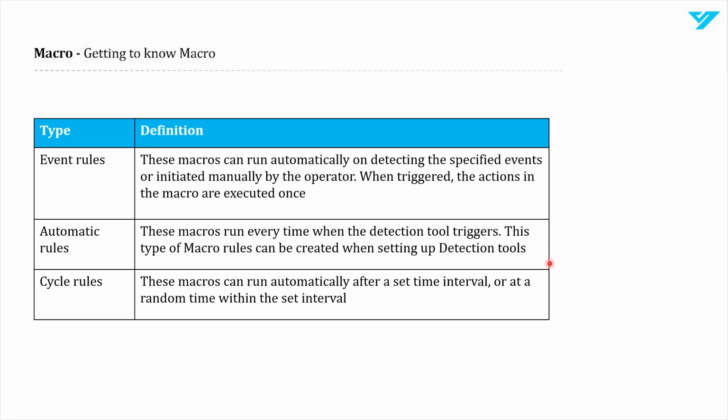The second type is automatic rules. These macros run every time when the detection tool triggers. This type of macro rules can be created when setting up detection tools. So in the previous chapters, we introduced detection tools and sub-detection tools like motion detection tool and face detection tool.